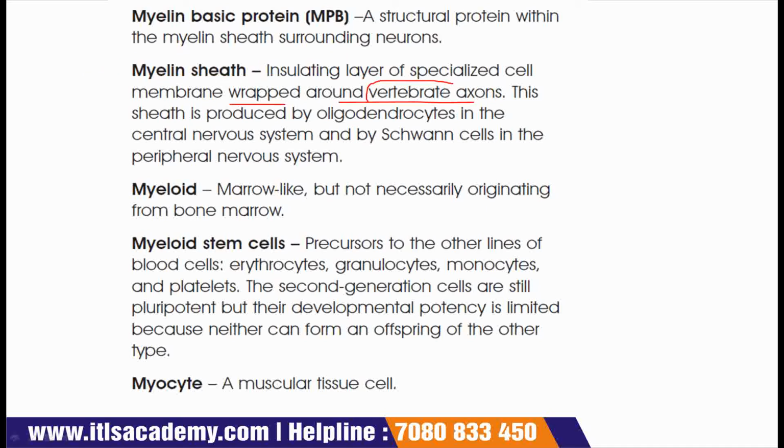This is an important term that myelin sheath is present around vertebrate axons. This sheath is produced by oligodendrocytes in the central nervous system and by Schwann cells in the peripheral nervous system.